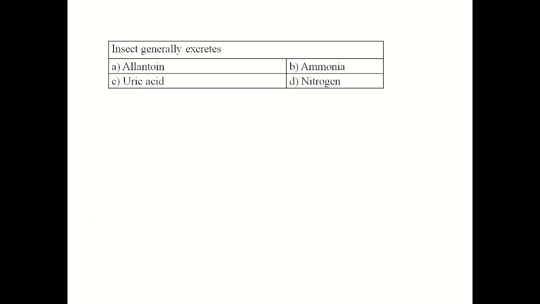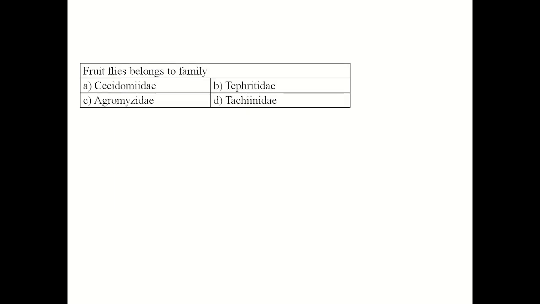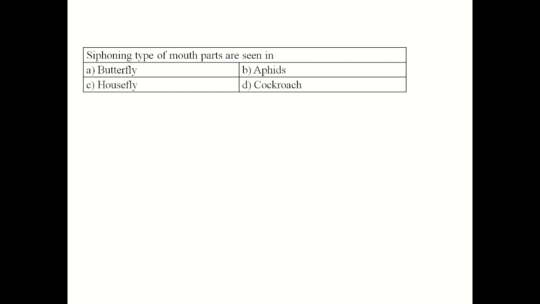Insects generally excrete uric acid. Sperm storage organ in female insects is spermatheca. Fruit flies belong to the family Tephritidae. Siphoning type of mouthparts are seen in butterflies.